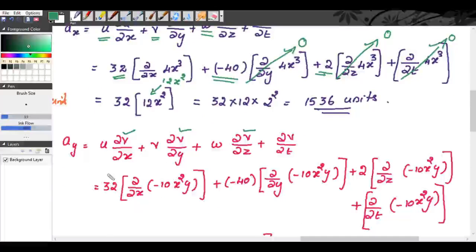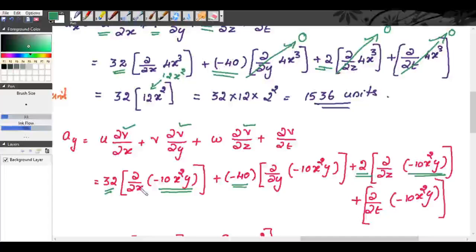So, u we have already determined as 32 into ∂/∂x of v. v is minus 10x²y, plus v we have already found as minus 40 into ∂/∂y of this v, which is again minus 10x²y, plus 2 into ∂/∂z of v, minus 10x²y, plus ∂/∂t of v, minus 10x²y.